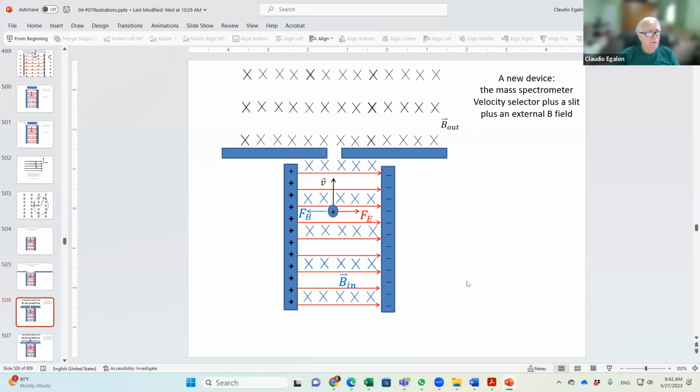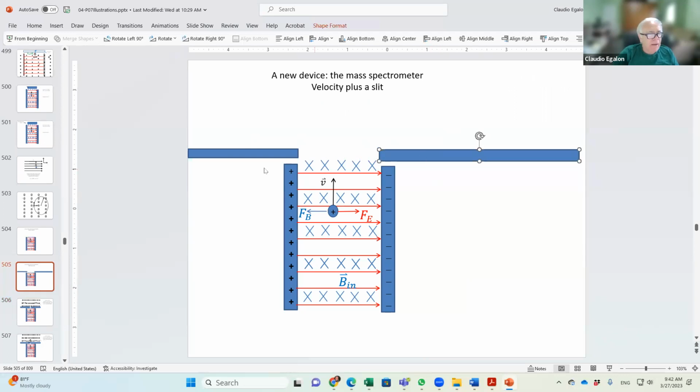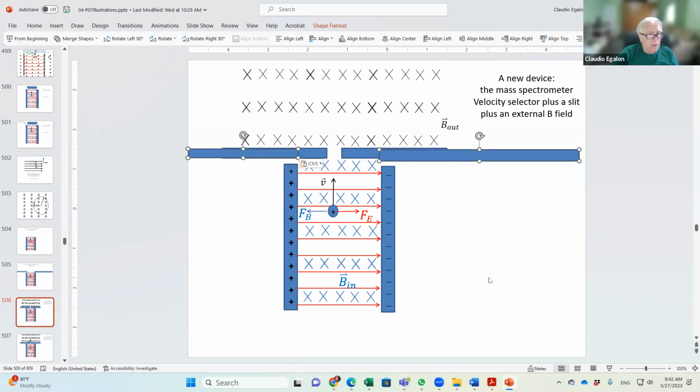Okay, so here we go. I'm going to replace what I have here in the other drawings. So the mass spectrometer is made up of the velocity selector plus an outside magnetic field.